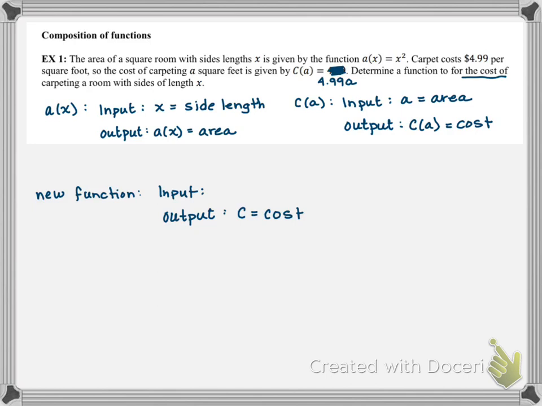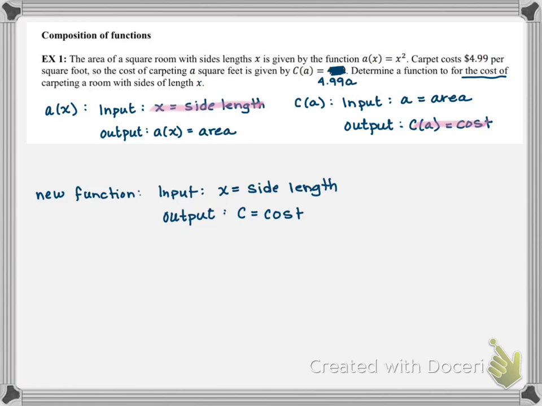And then it says of a room with side length x. So that's saying we want the input to be x, which is side length. So we have a function that has the input we want, and we have a function that has the output we want, but it's not the same function, right? So we don't have a function that has the input we want and the output we want.